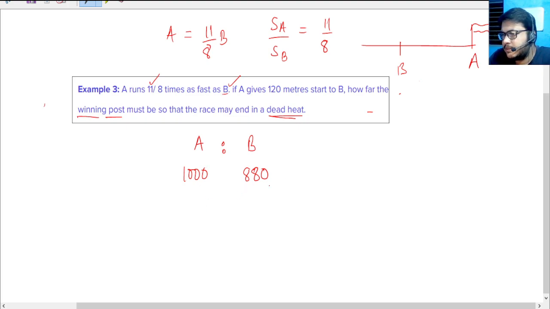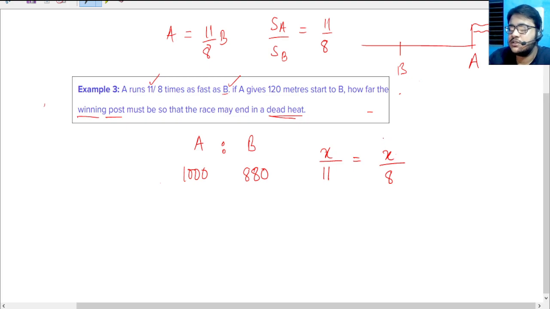So what if I make the distance x upon the speed of A, which is 11, and x upon the speed of B, which is 8. Okay, I'm assuming you can take k also and then eliminate k, but understand that x is not in terms of B. B is not running the full distance.